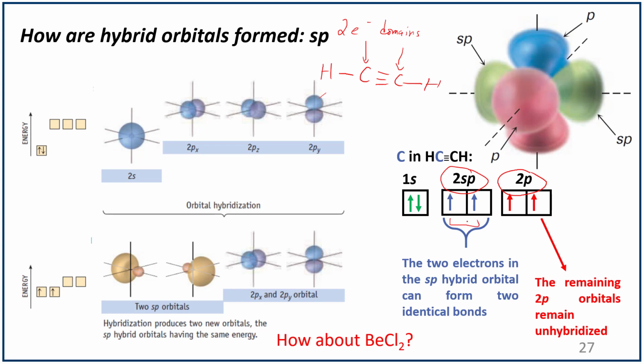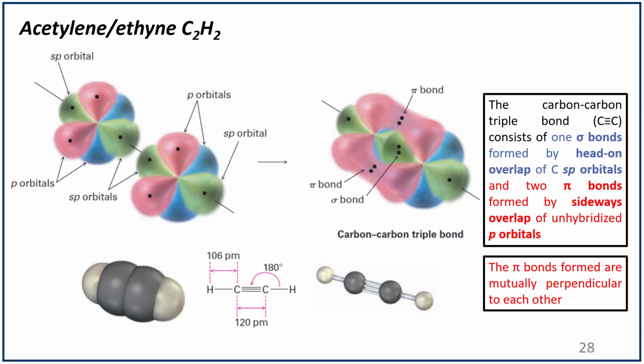The 2 sp orbitals will be available for sigma bonding. Like what we have seen before, one of those 2 sp orbitals will be available for sigma bonding with the 1s of hydrogen, and the other one will be involved in sigma bonding with another sp hybrid orbital from the other carbon.